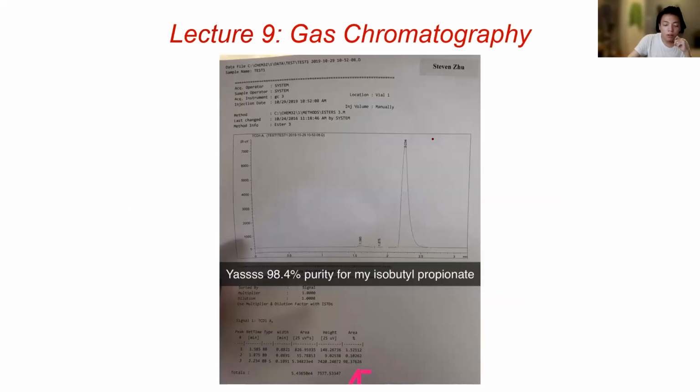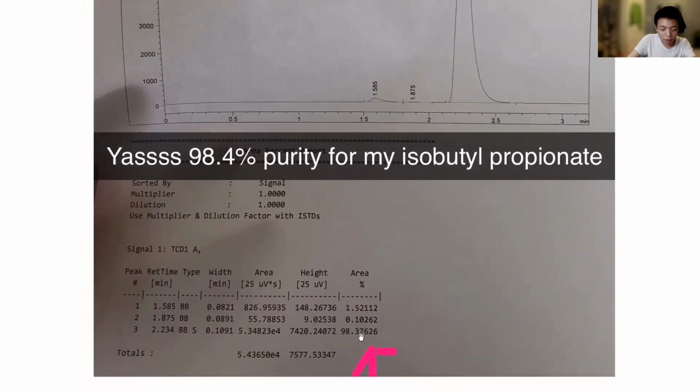This semester you guys didn't get a chance to do GC, so it's for the people who are doing Ester Part 2 in the following week or tomorrow. This is no longer part of the experiment this semester, but in the future they will. And you can see that we have some sort of area right here. This means that I have 98% of the ester, the 1% is air, and the 2% is alcohol, which is really minor. But that was fine.